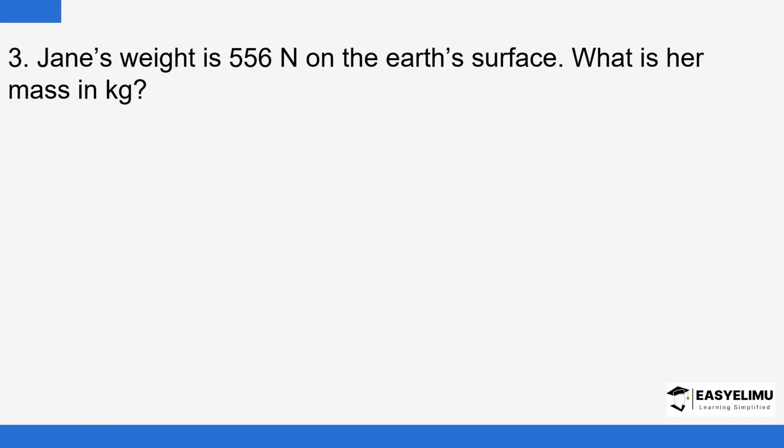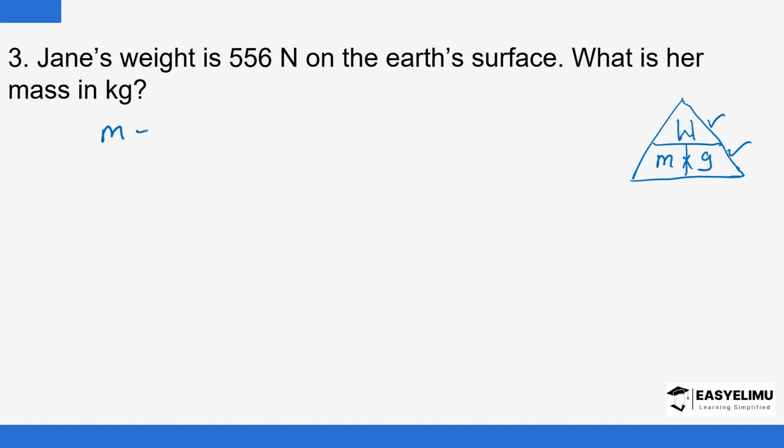So Jane's weight is 556 newtons on the Earth's surface. What is her mass in kilograms? Again, I'll still try to use the formula triangle. Weight is equal to mass times gravity. Now we are trying to find her mass, so it will be weight divided by gravity.